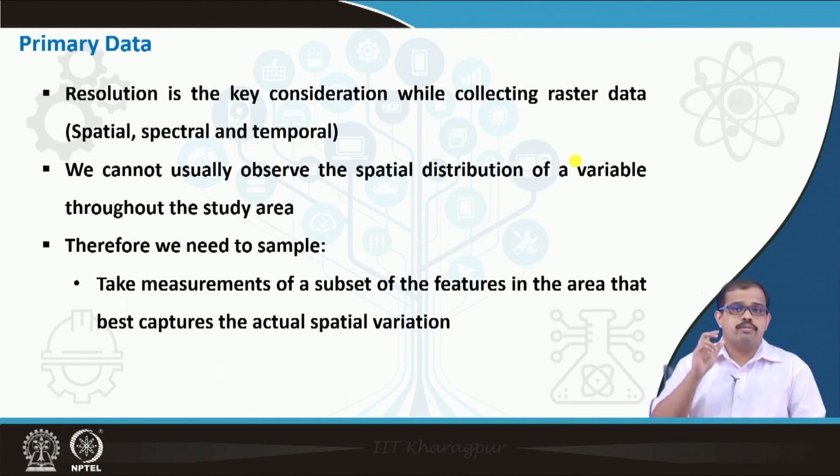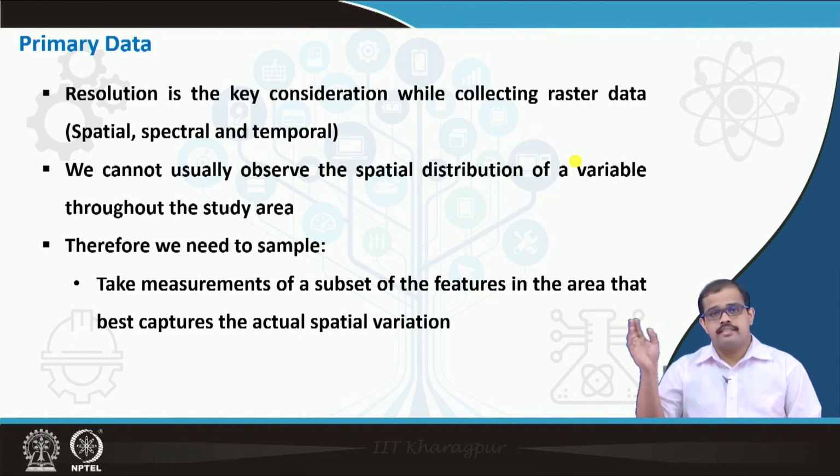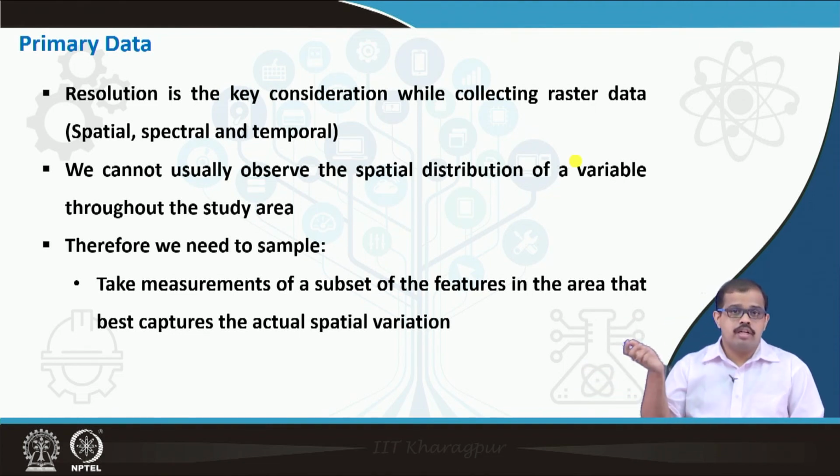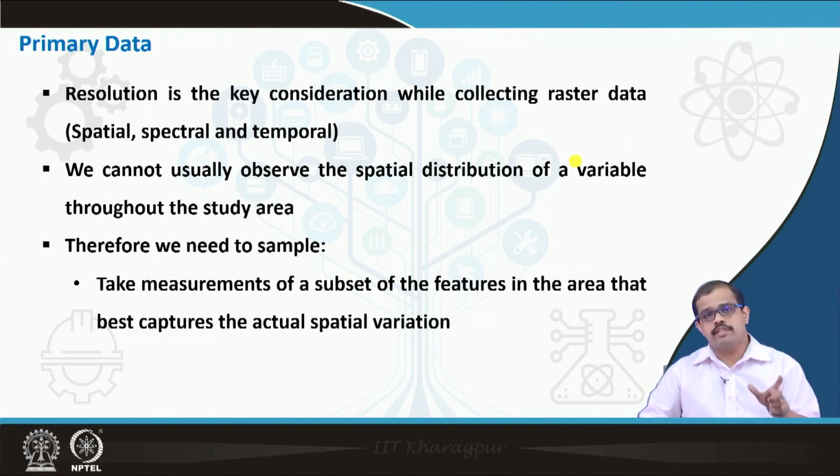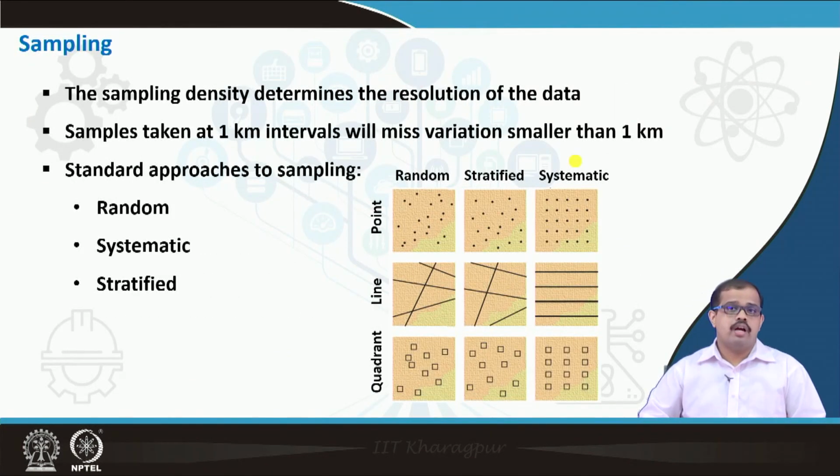So, you have to look at the resolution and size of your data, how your data is being translated into the data model, then look at the spatial variation that you have to actually capture. So, look at all of these properties before you get into the primary data collection.